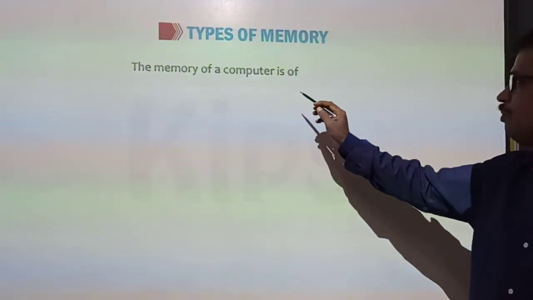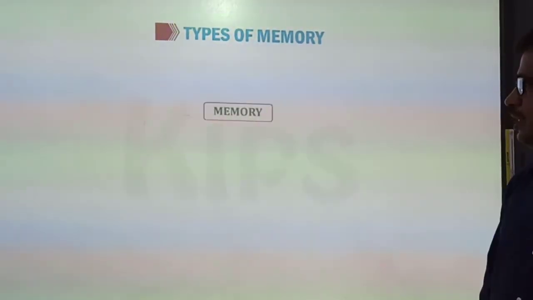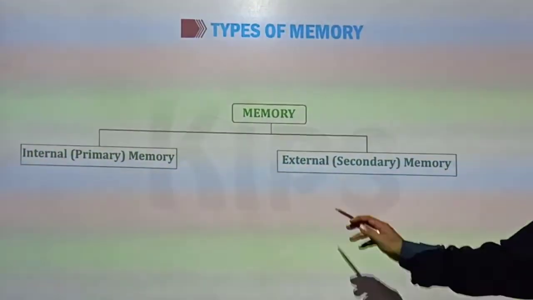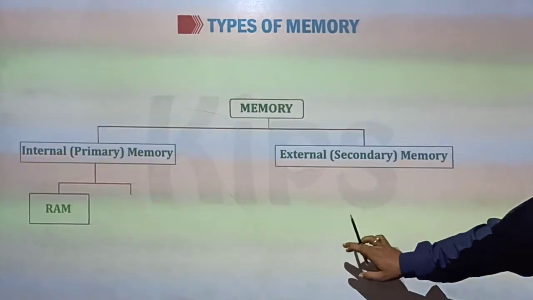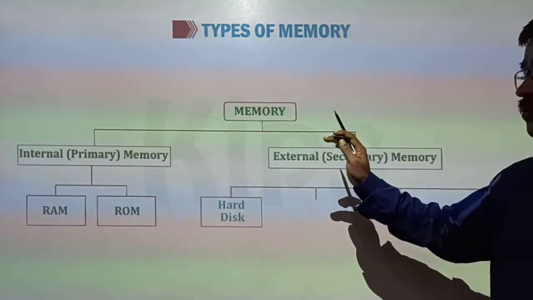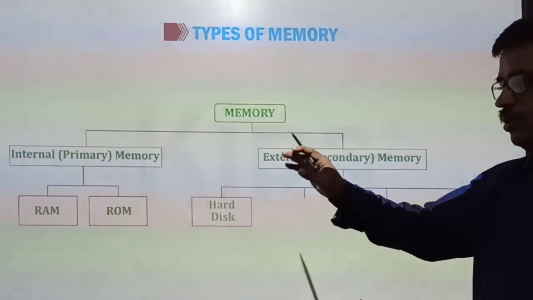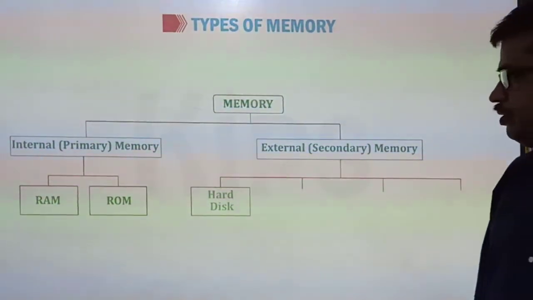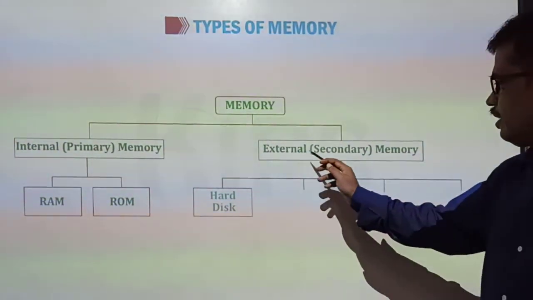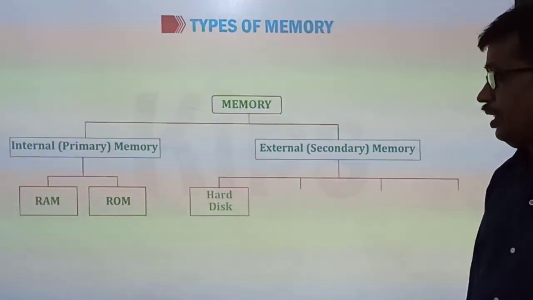The memory of a computer is of two types: primary memory or internal memory, and external memory or secondary memory. So the memory of a computer is divided into two parts.